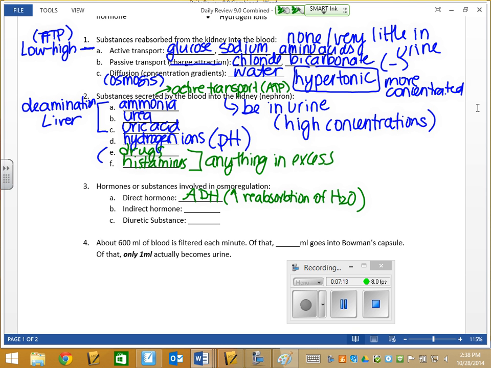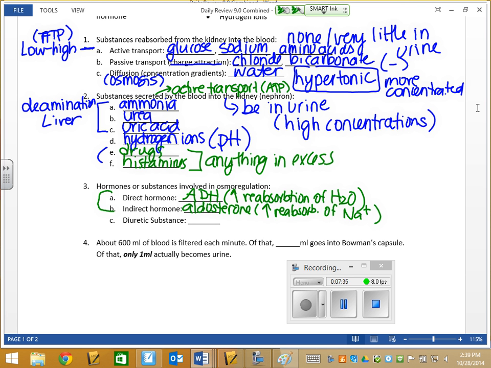The indirect hormone is aldosterone. It increases the reabsorption of sodium. And since we know water follows sodium wherever it goes, it will indirectly increase the reabsorption of water.